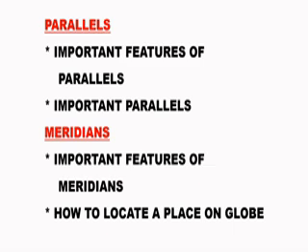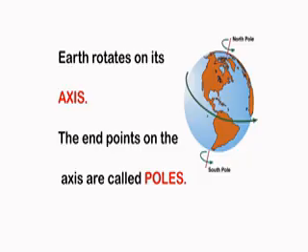We are giving different numbers to parallels. After that we are learning meridians. What is a meridian? How to draw meridians? What are the important features of meridians? And how to number these meridians. And finally, how to locate a place on a globe. So all these things one by one we are going to learn in this lesson.